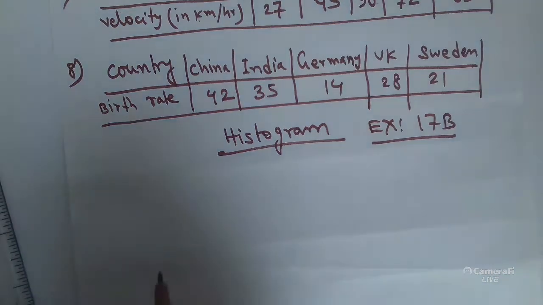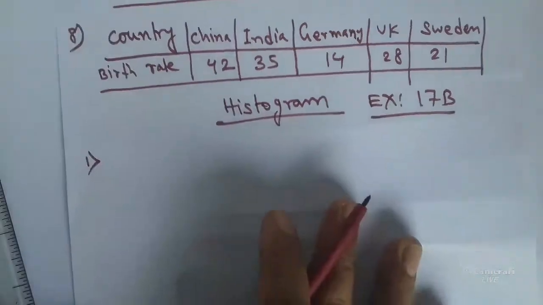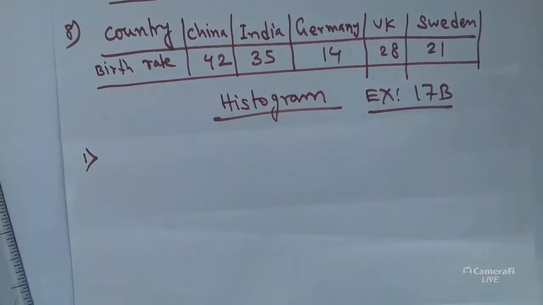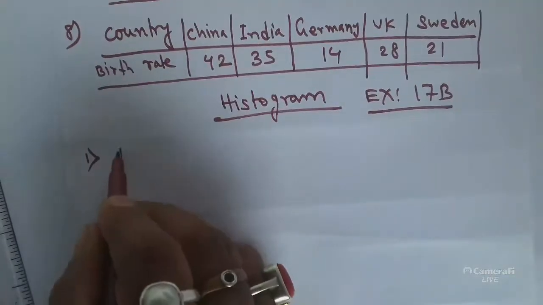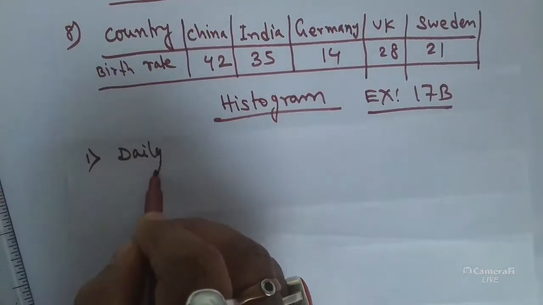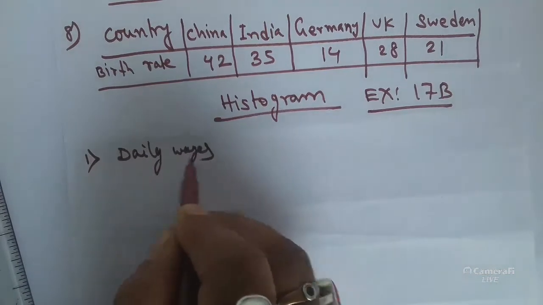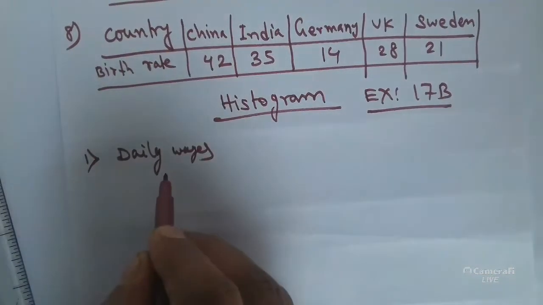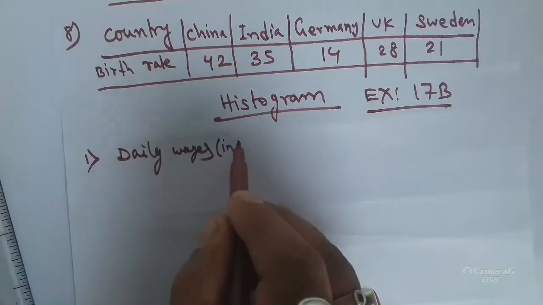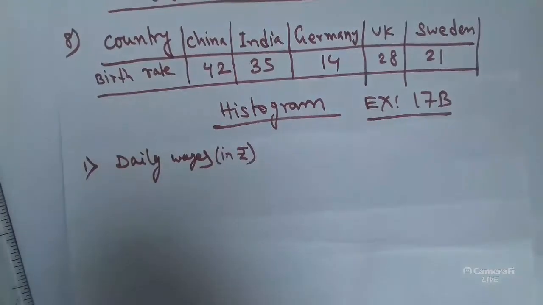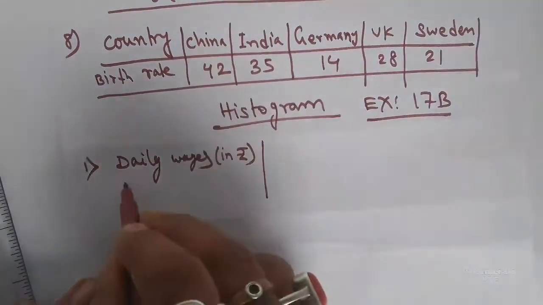So first problem is that the daily wages of 50 workers in a factory are given below. So daily wages in rupees, and then number of workers.